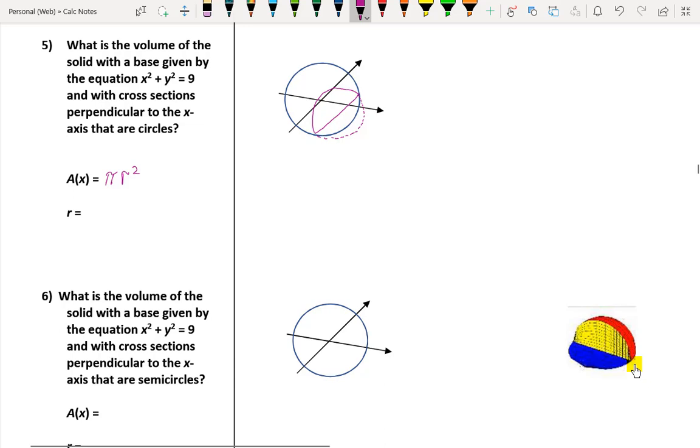Well, again, I know that the diameter is equal to 2 times the square root of 9 minus x squared, which tells me that the radius should equal half of that. So if you just divide that by 2, you get the square root of 9 minus x squared. And so there's my radius.